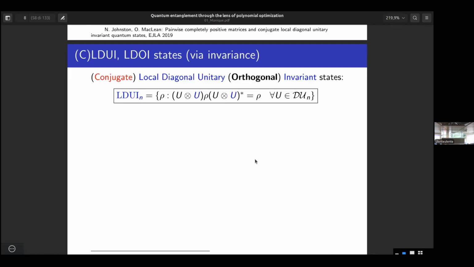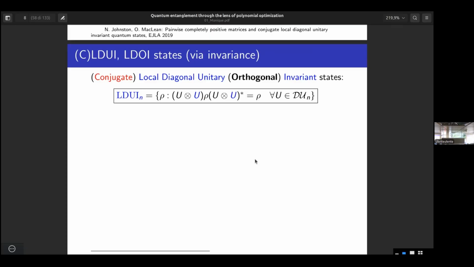These are the states rho which satisfy this equation. Here U is a diagonal unitary, and you take the tensor product U⊗U on the left side and on the right, and you ask that rho is invariant. Again, local means that this unitary is a product of two. And we use the same letters for the set of states which has this invariance property.